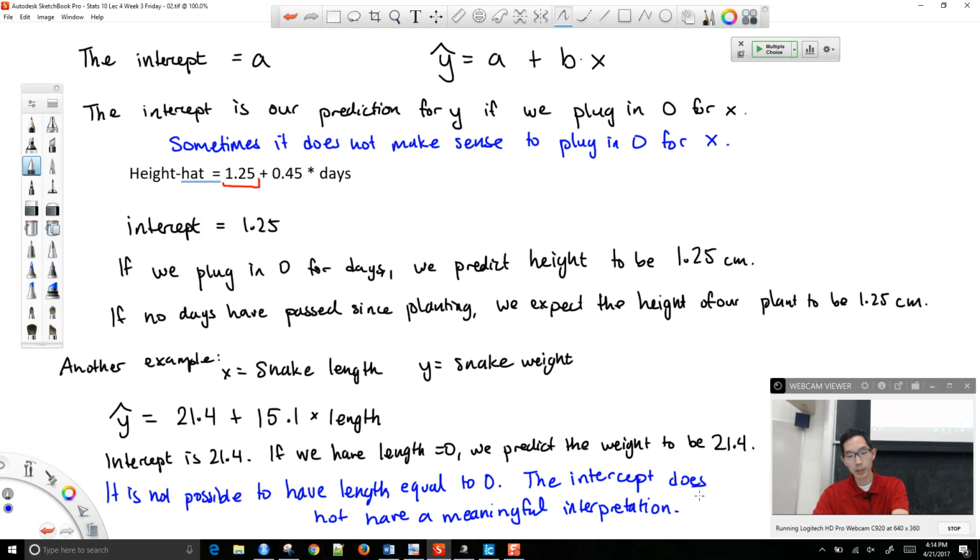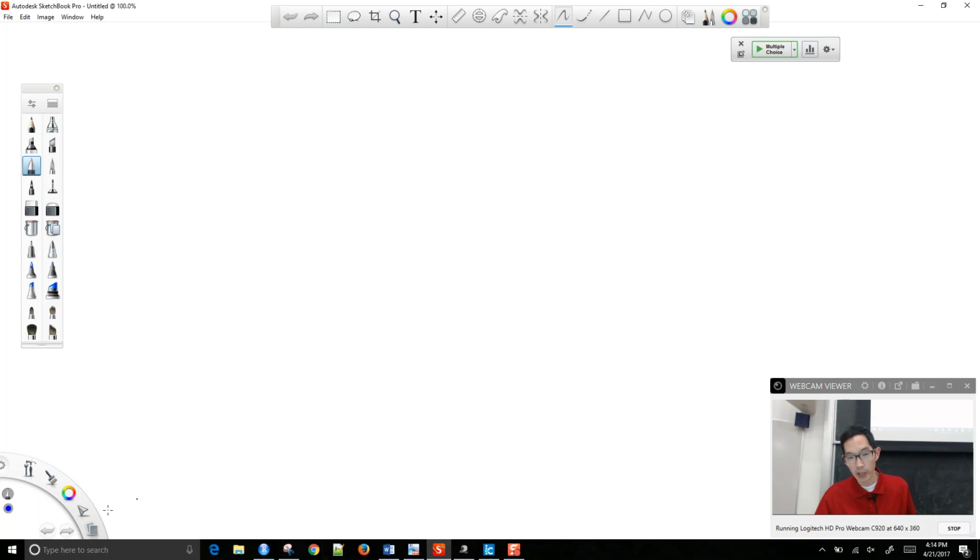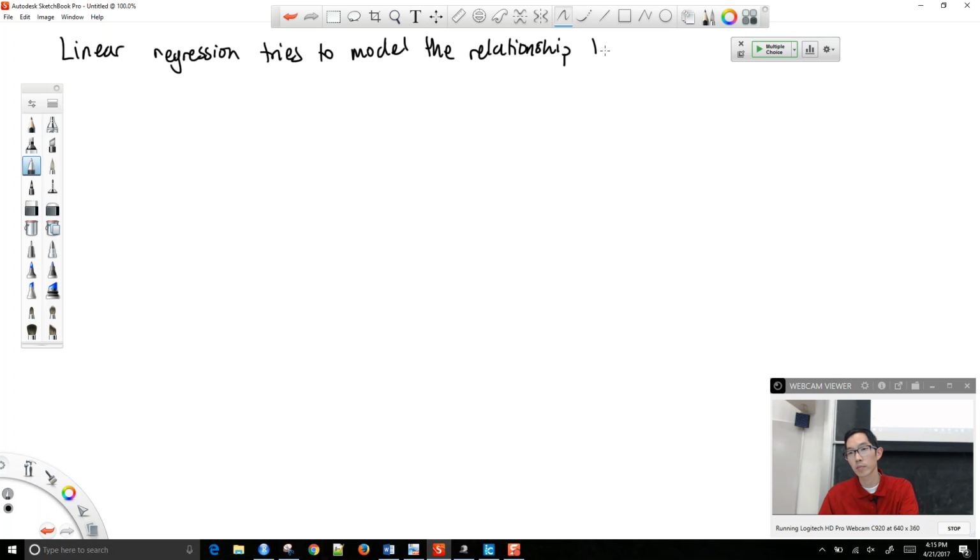We can think of linear regression as the model trying to model the relationship between x and the average or expected value of y for that x.